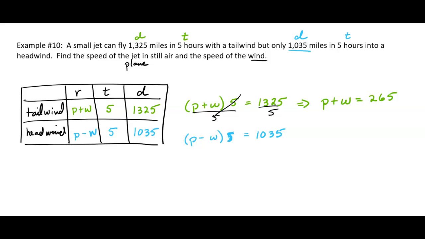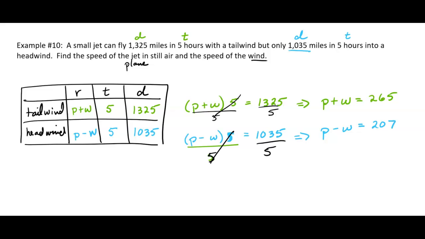I'm going to do the same thing on the other equation, divide both sides by 5, and for my blue equation I get P minus W equals 207.